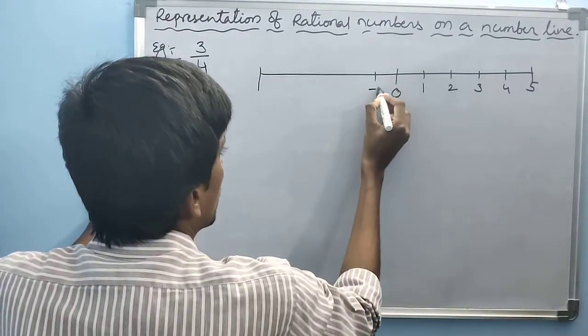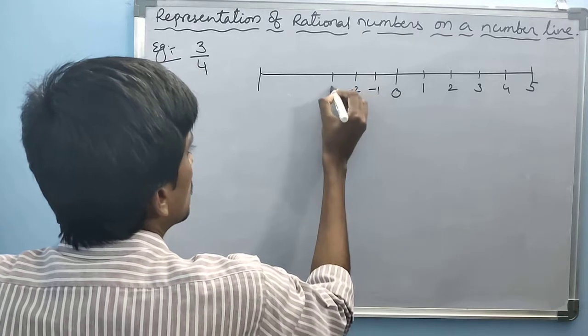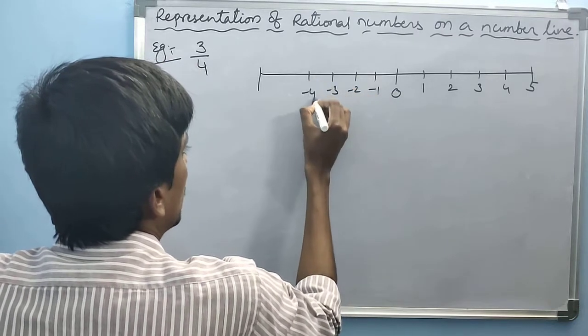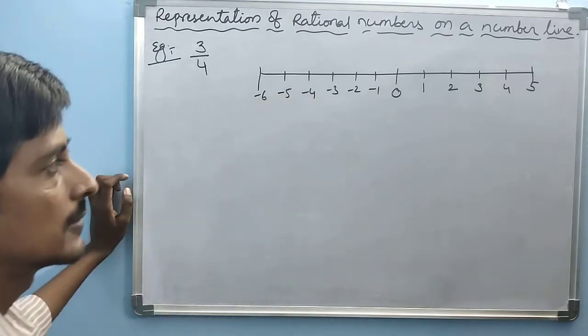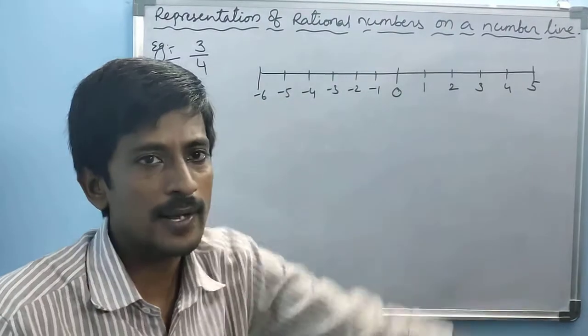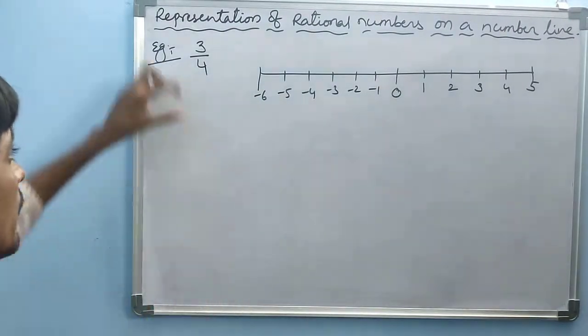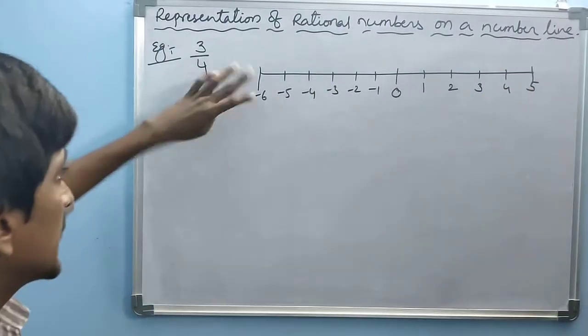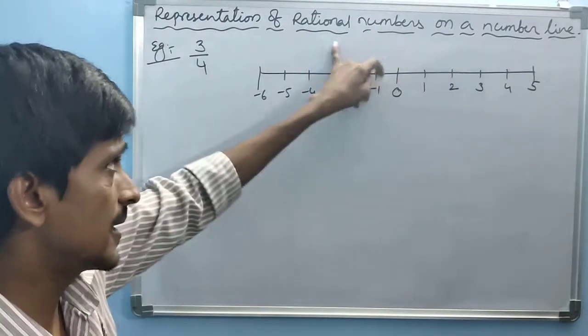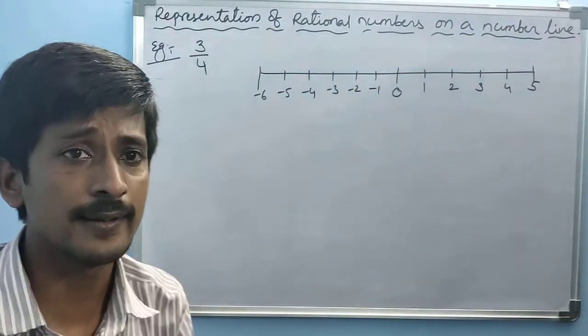On the left side, minus 1, minus 2, minus 3, minus 4, minus 5, minus 6 and so on. This is the general number line. Where is 3 by 4 on this number line?